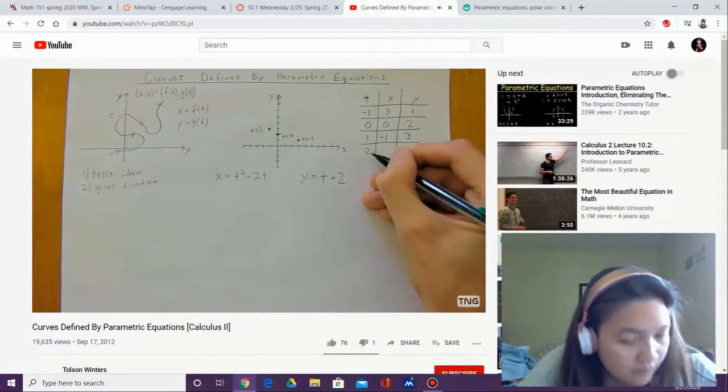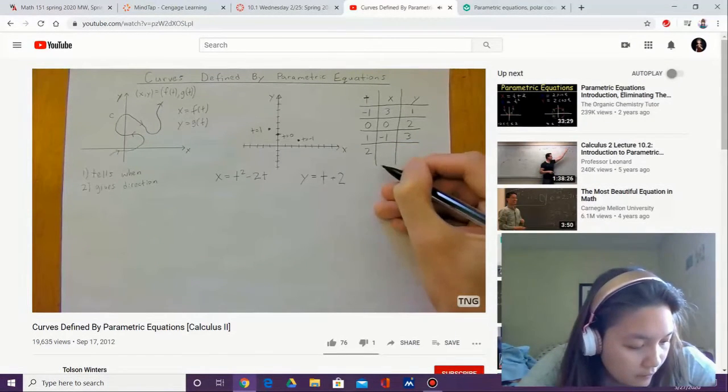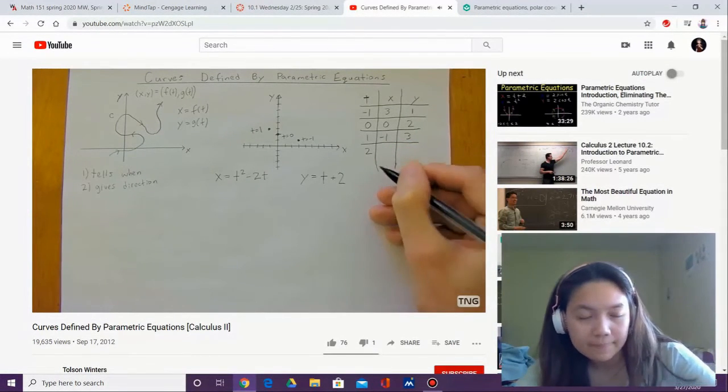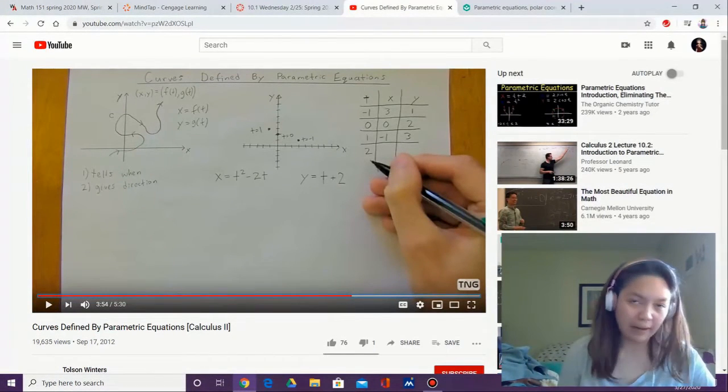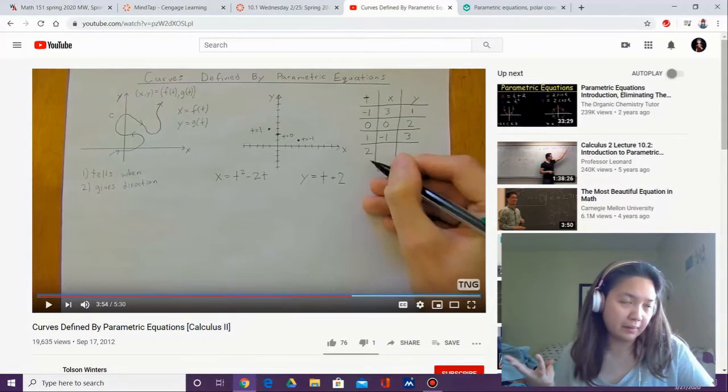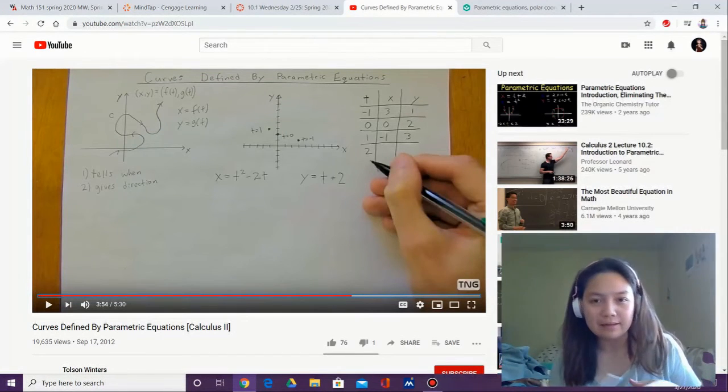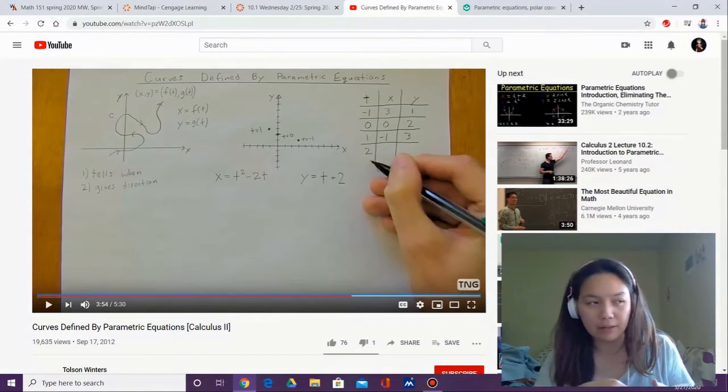And let's get another few points here just so you can start seeing this curve come. The only thing I like to do when I actually put down a graph is to only put three points in, for t like negative 1, 0, and 1.